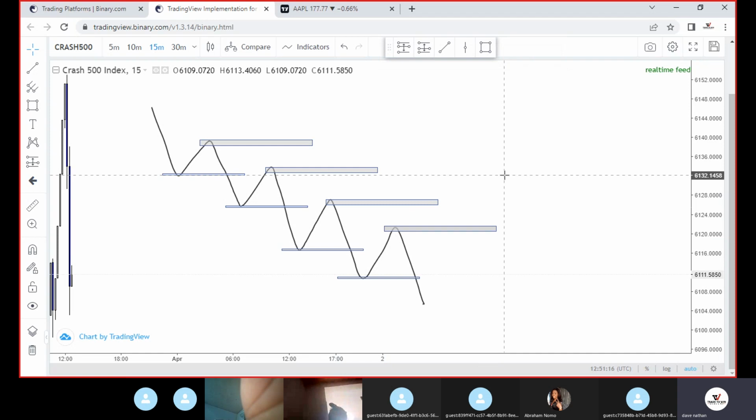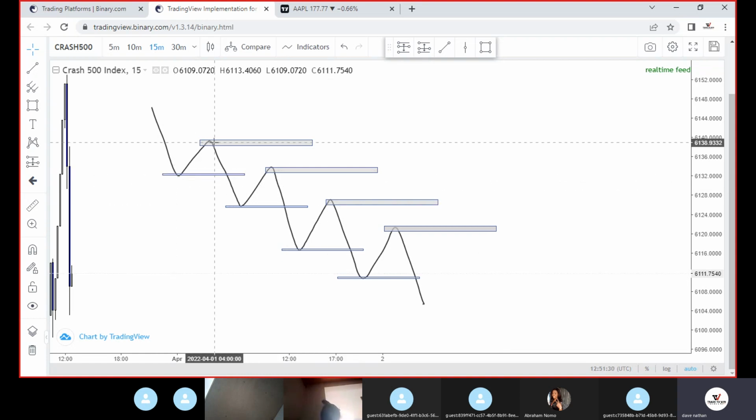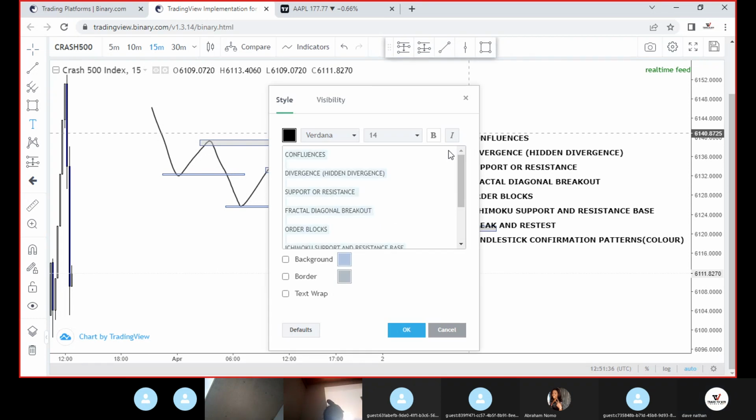Now, the reason why we are marking these zones, I want to give you the analogy behind why this happens. It may take our time, but whenever a support is broken, mark off the resistance that breaks the support. So let's just write it somewhere.